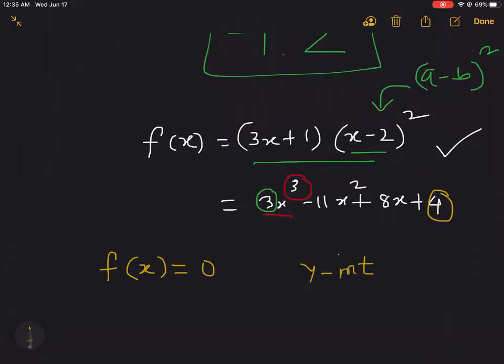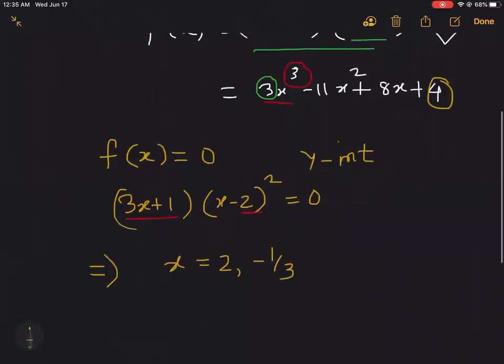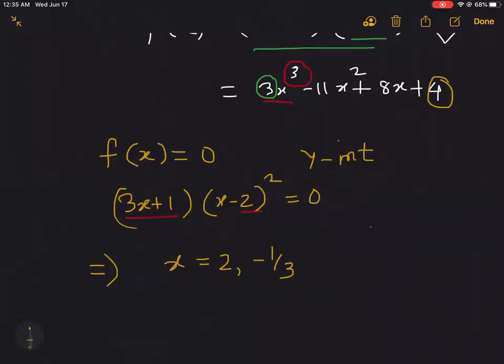So our main function is 3x plus 1 times x minus 2 the quantity squared equals 0. If we solve it for x, we get 2 from this and a negative 1/3 for this, right?